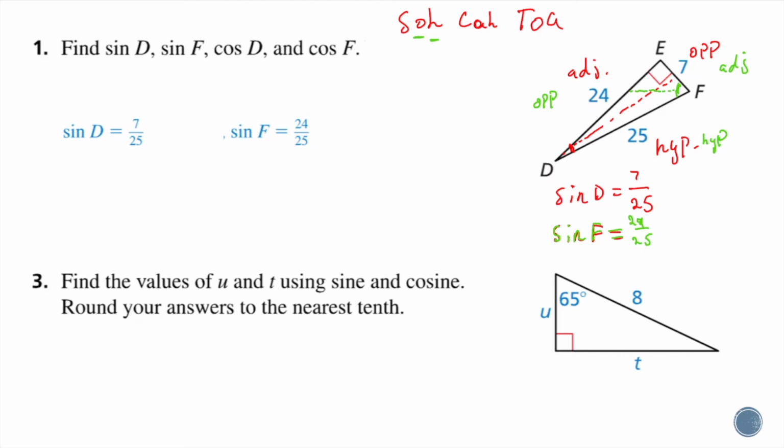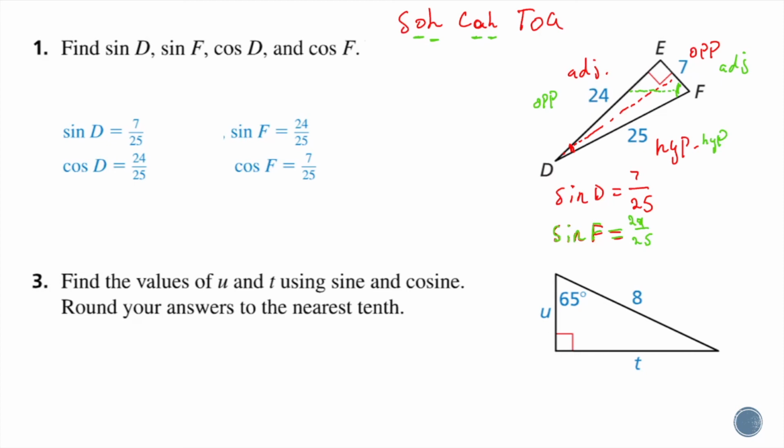Cosine uses the adjacent and the hypotenuse. And that gives me 24 over 25 for cosine of D and 7 over 25 for cosine of F. Now let's take a look at the third example. I want you to find the values of u and t using sine and cosine. Round your answer to the nearest tenth.